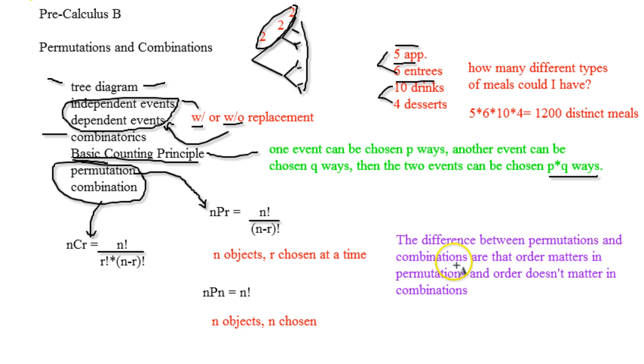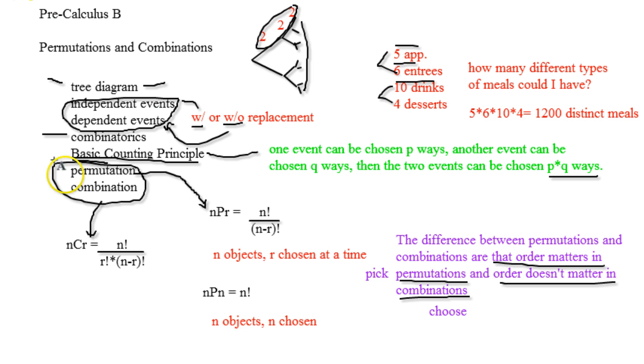Order matters in permutations, and I like to associate the word pick with permutations because you are picking, so you're being choosy, so order does matter. And order doesn't matter in combinations because you are choosing. You're just choosing which combinations you want.